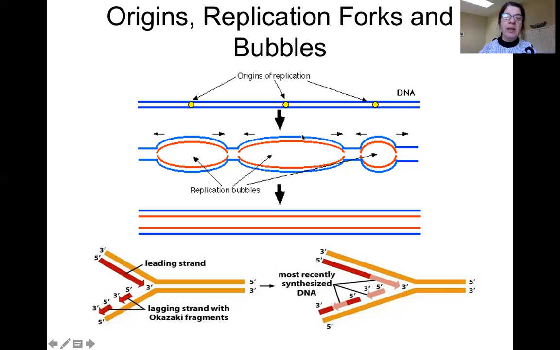This one is moving to the left. And when this one moving to the right meets up with this one, which is moving to the left, they're going to merge. They're going to fuse. So these bubbles eventually are going to meet up. They're going to fuse, and you're going to have yourself a completely duplicated DNA molecule. Okay. In the bottom, what you will see is half a bubble, right? A replication fork.